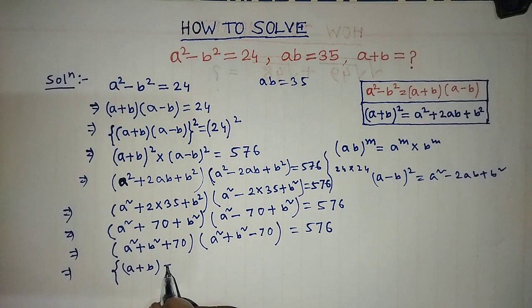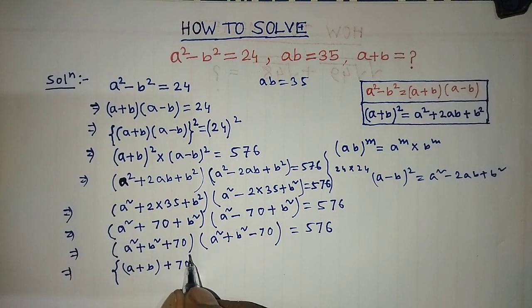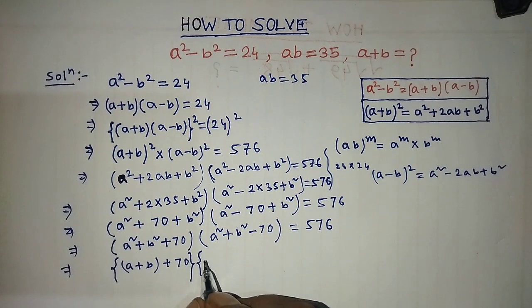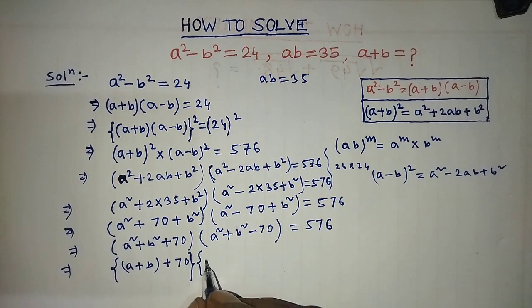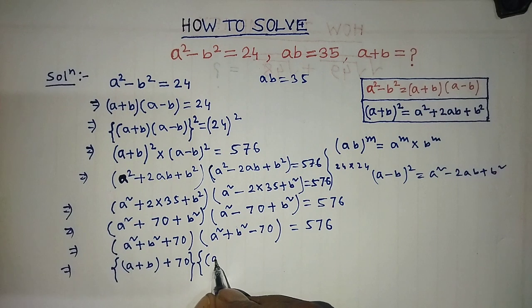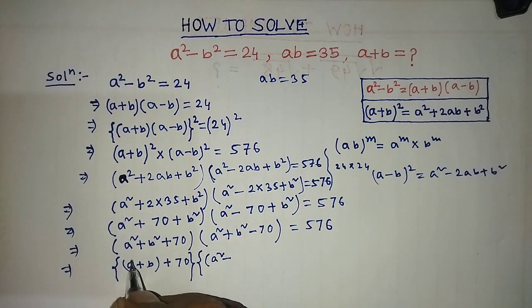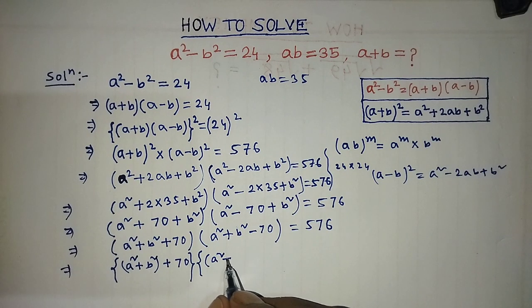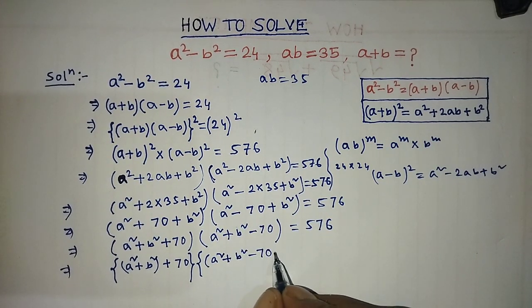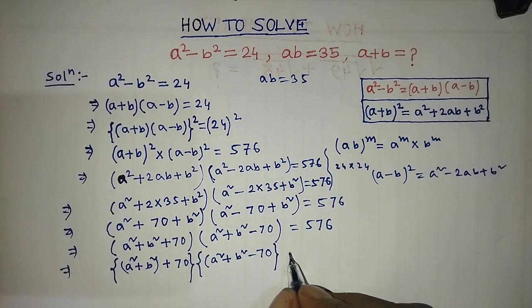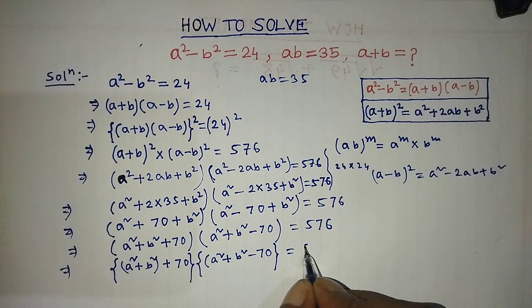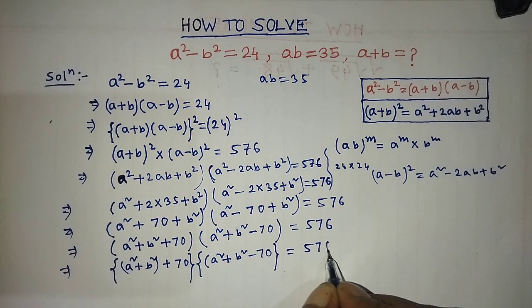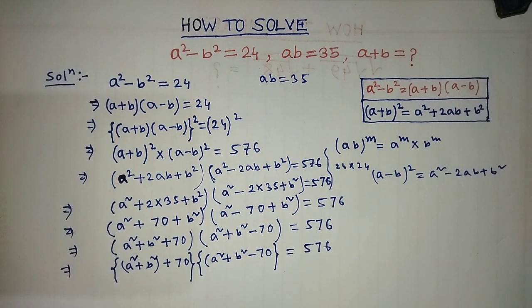So here will be plus 70, again the second bracket, and again the second bracket, and here a square plus b square, and here a square plus b square minus 70, and again the second bracket is equal to 576 on the right hand side.